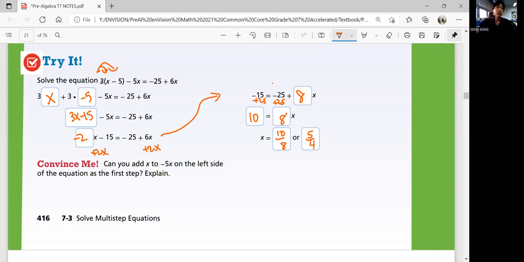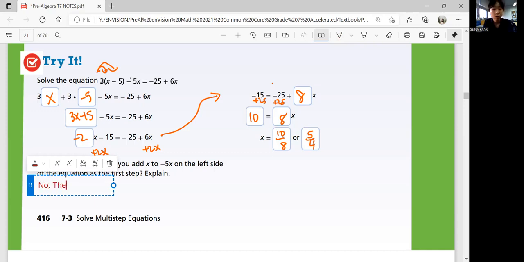Good. So can you add x to -5x on the left side of the equation as the first step? Can you add x to -5x? No, not directly. Why? There's a parentheses. You have to follow the order, right?